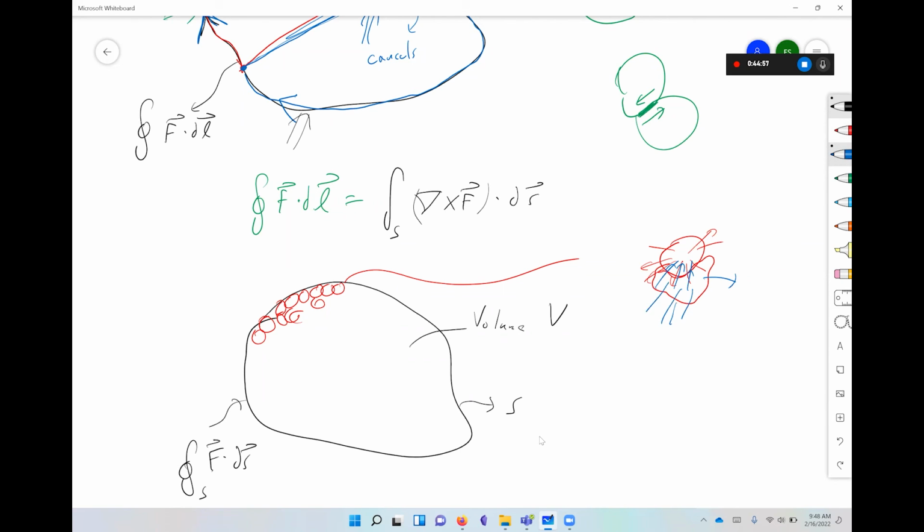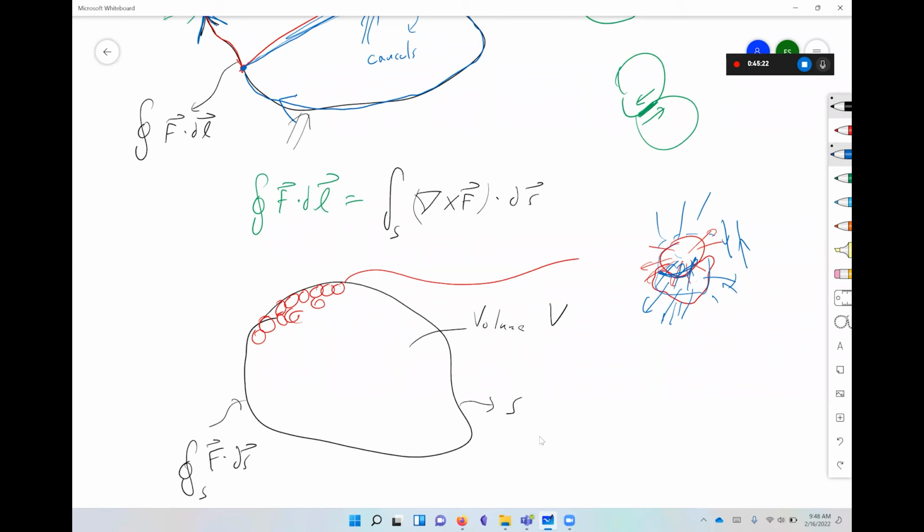The total flux of the sum of those two volumes is going to be the total flux coming out from here and here and here. But what's happening on the boundary is going to cancel because one region is sending something in this direction. The other region is sending something in the opposite direction. They cancel each other. What remains is the flux of the outer surface.